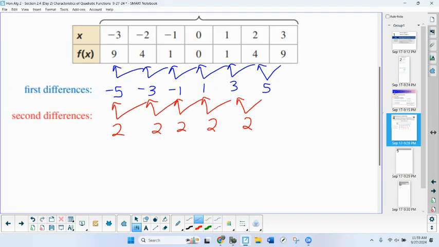So since all of the second differences are the same, we would say this is quadratic, which we knew because we knew what that table represented. So if they don't tell you the table is quadratic, you could use the second differences to determine if it is linear or quadratic. Okay?